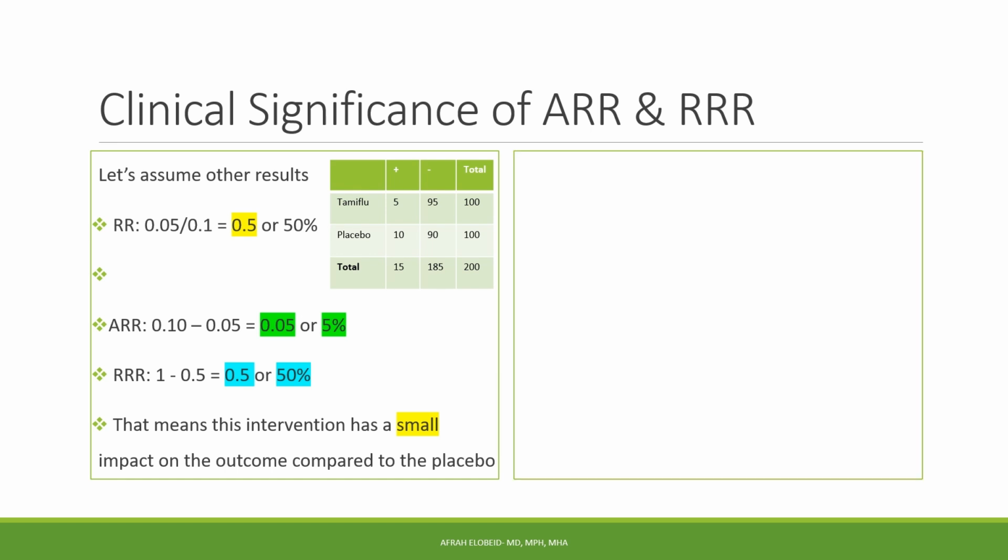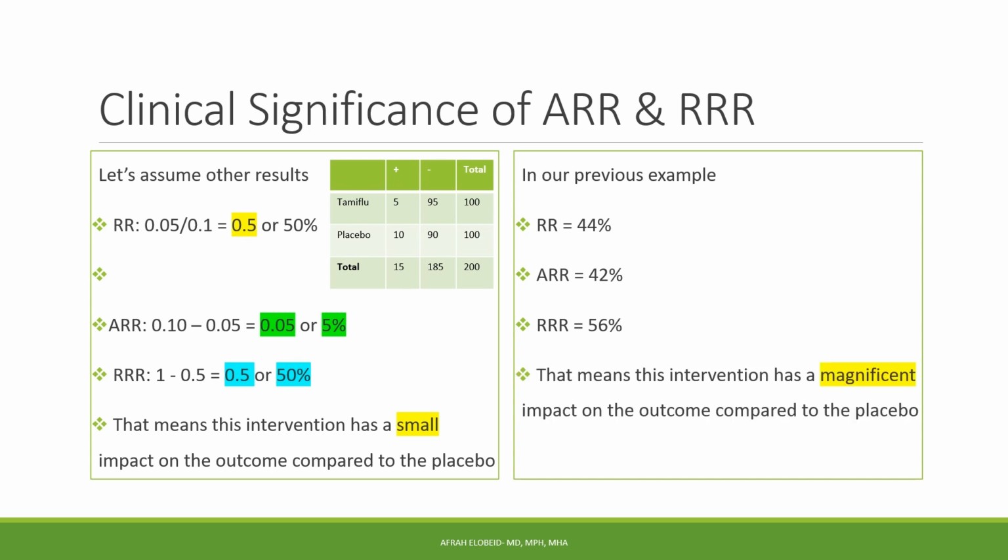All right. In our example, on the other hand, that we discussed in the beginning of the video, we have these figures. Our relative risk reduction and absolute risk reduction are close to 50%. So we have 42% for the absolute risk reduction and 56% for the relative risk reduction. That means this intervention has a very huge impact, even by itself.